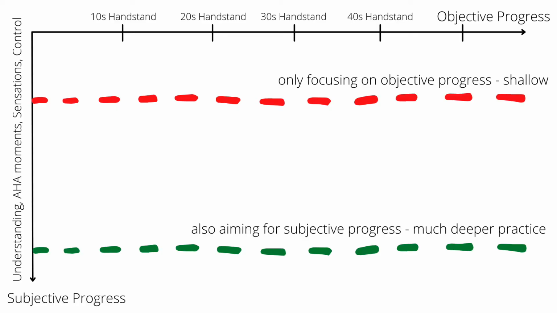Instead of imagining a straight line where you want to go from here to there, imagine there's also something behind this line, something that goes way beyond just 20 second handstands and 30 second handstands, and is also about your own internal understanding of how you can perform this move.